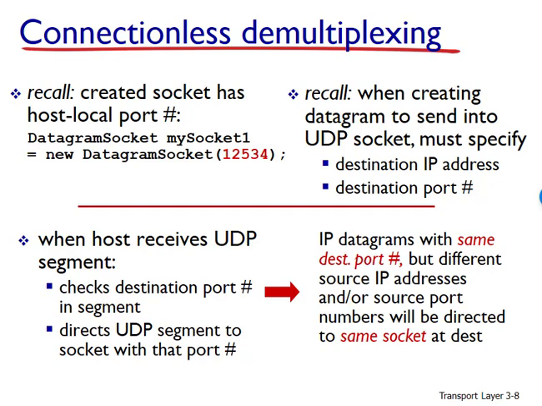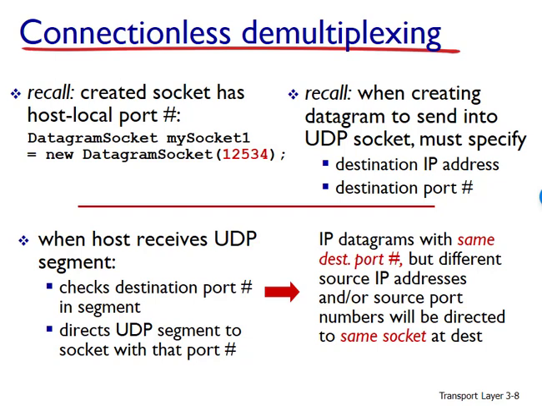The transport layer then passes the resulting segment to the network layer. The network layer encapsulates the segment in an IP datagram and makes a best effort attempt to deliver the segment to the receiving host.